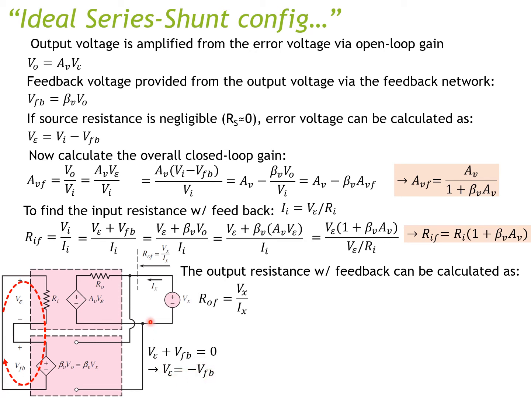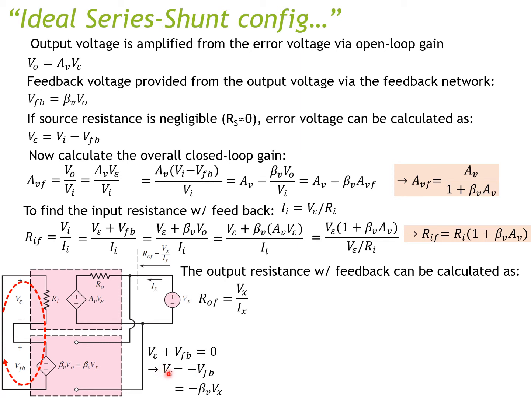Some of you may ask, why do we eliminate the input voltage here? It's good practice when you want to calculate your output resistance to ground, or set, your input voltage to 0. So let's continue.